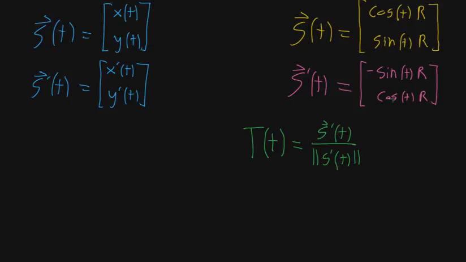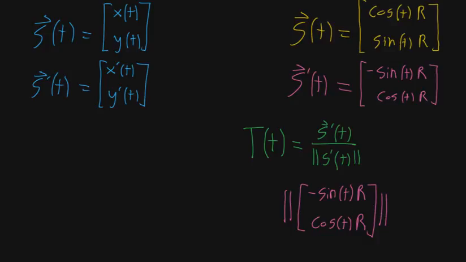And in this case, in our specific example, that magnitude, if we take the magnitude of negative sine of t multiplied by r, and then cosine of t multiplied by r. So we're taking the magnitude of this whole vector.